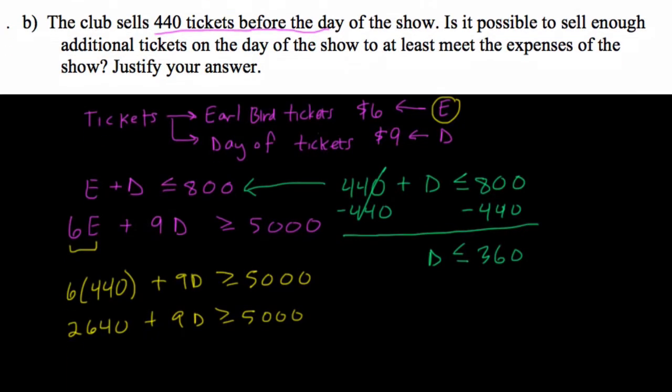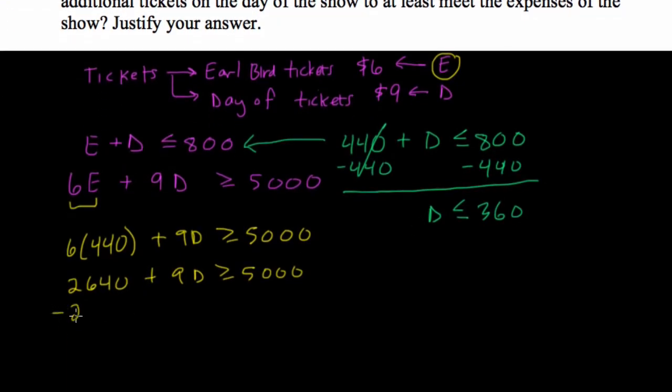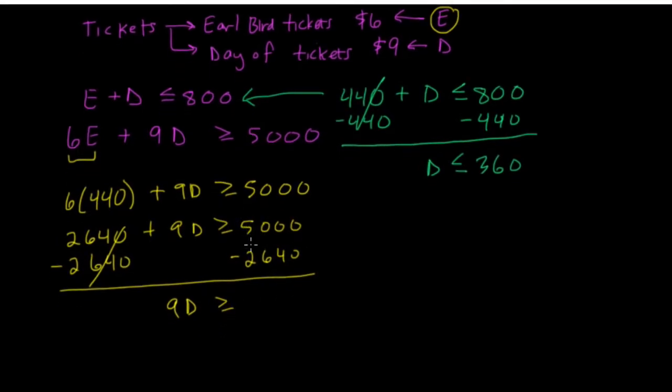So we subtract $2,640 from both sides. 2,640 cancels out. 9D has to be larger than or equal to what? 5,000 minus 2,000 is 3,000. Minus 600 is 2,400. Minus 40 is 2,360.